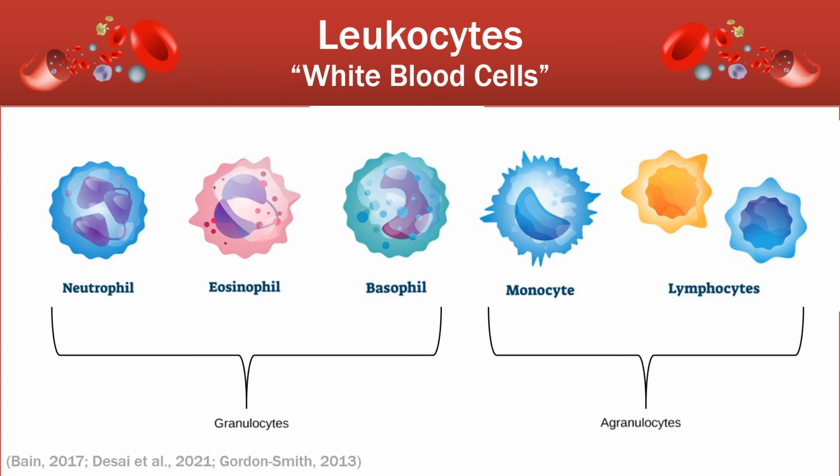Lymphocytes are responsible for the adaptive immune response, which includes antibody production, and is also what allows some immune systems to have what's, air quote, memory, so that they can effectively respond to pathogens that they've fought off in the past. And lastly, there are what are called monocytes in that agranulocyte category.